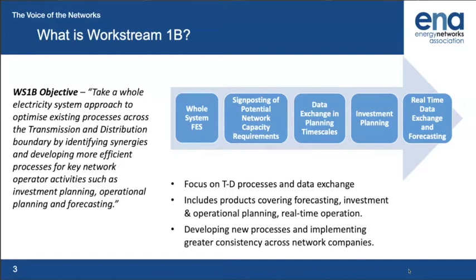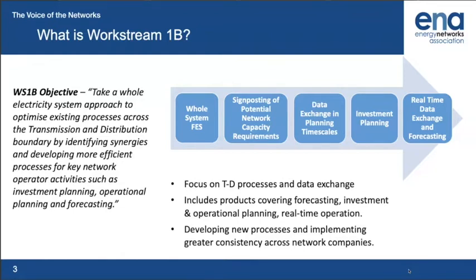Workstream 1A is looking more at the commercial side of flexibility. We're here today to talk about 1B, which is really about the technical elements that network companies need to develop in order to deliver this smart system and a whole system. It's not distribution and transmission separately, it's the whole system development.